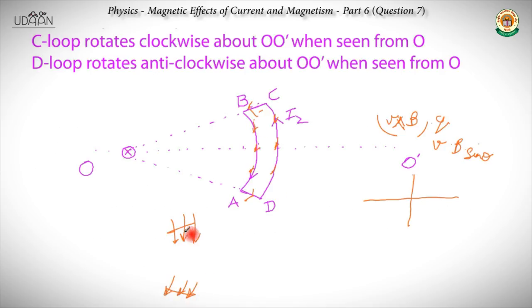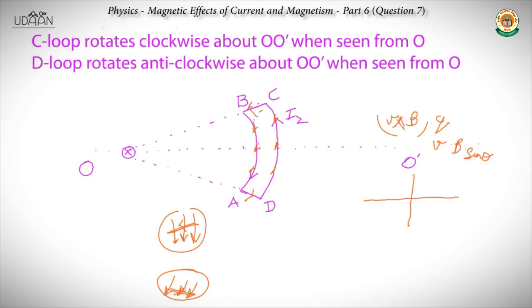But the current here is flowing in this direction, and here the current is flowing in the opposite direction. So the force on AD equals the force on BC in magnitude, but the directions are opposite, so they cancel. Hence we find that the net force on BCDA will be 0.